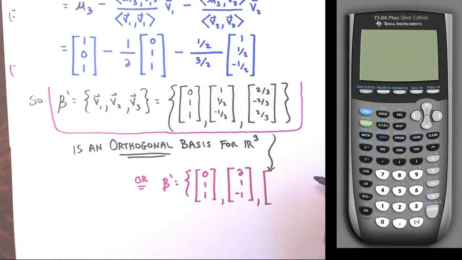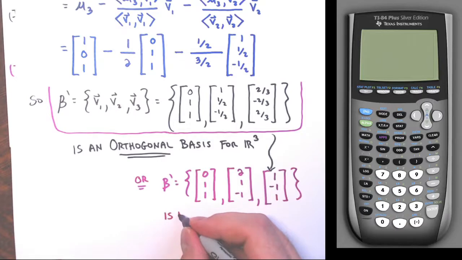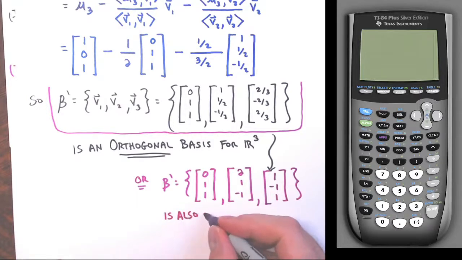You can multiply by 3, get 2, negative 2, 2, but cut those all in half. I multiply by 3 halves, you get 1, negative 1, 1. This is also an orthogonal basis for R3.